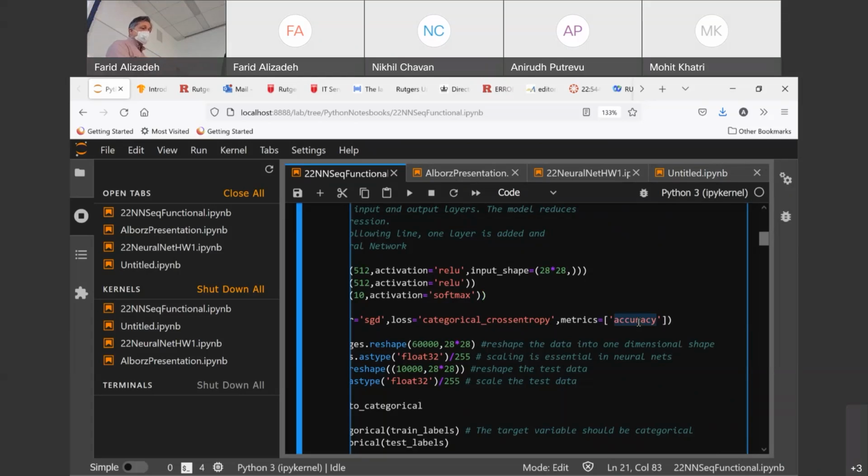But it also looks at accuracy. Accuracy means, okay, I have some guess for the W's. Using these W's, let me see how I can predict the training set. The accuracy is the percentage of correct guesses. It is not optimizing this, but it is keeping track of it.